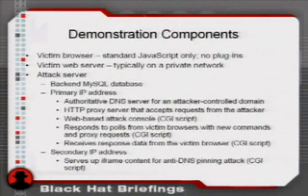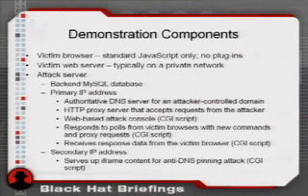It will present an attack console to the attacker, a web-based console for issuing new commands. It accepts polls for new commands or new requests from the victim browser, and also accepts response data from the victim browser. On the secondary IP address, the CGI script will actually serve up the payload that's being used to perform the client-side logic for the anti-DNS pinning attack.